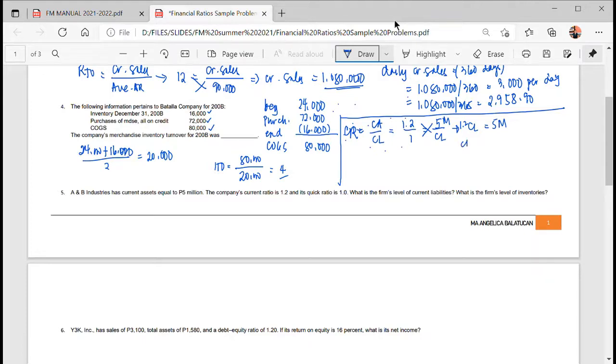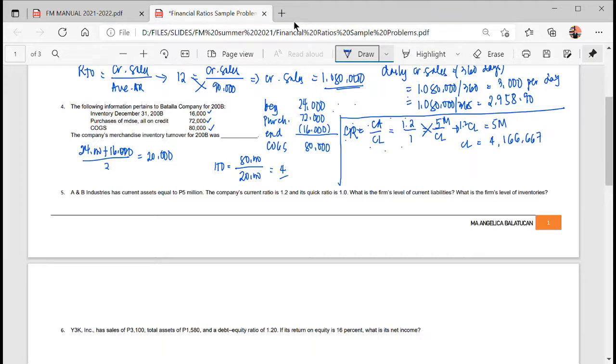So your current liabilities here is 4,166,667. And then we are going to substitute that to the quick ratio, although the quick ratio is already 1, so we automatically know how much our quick assets are.